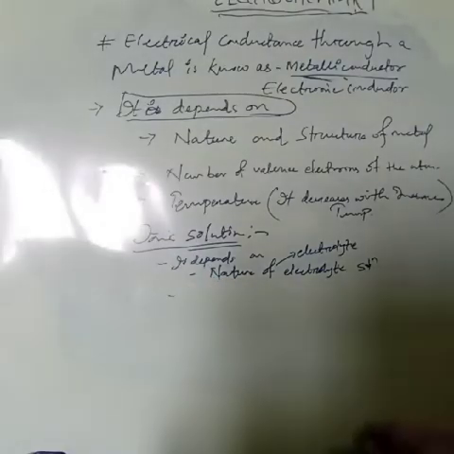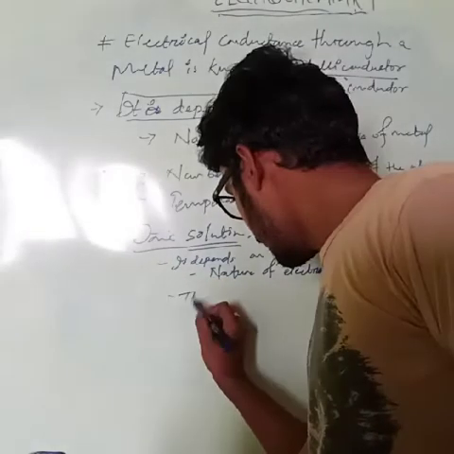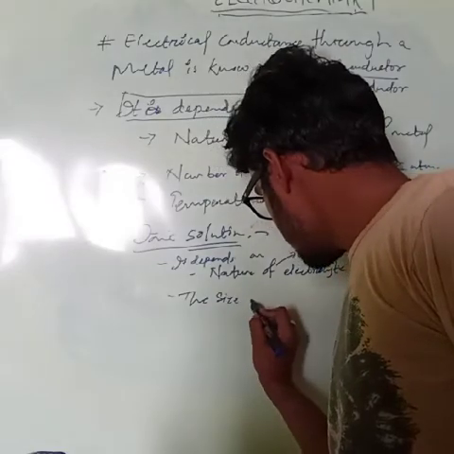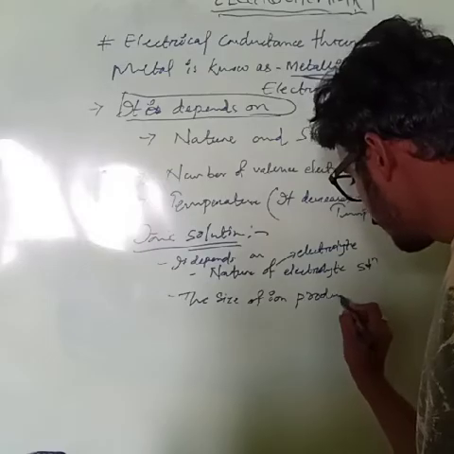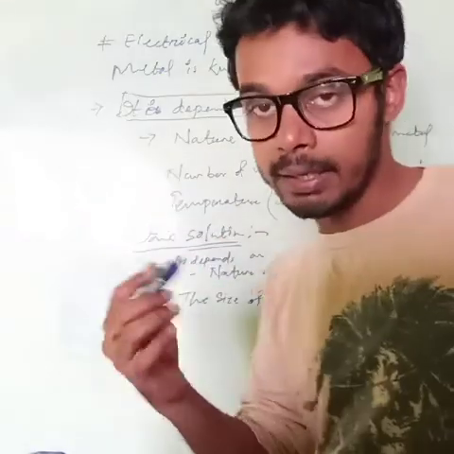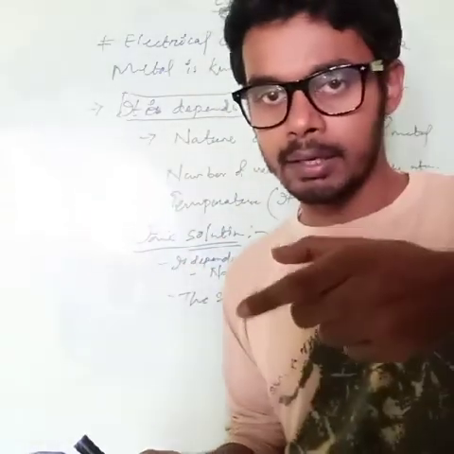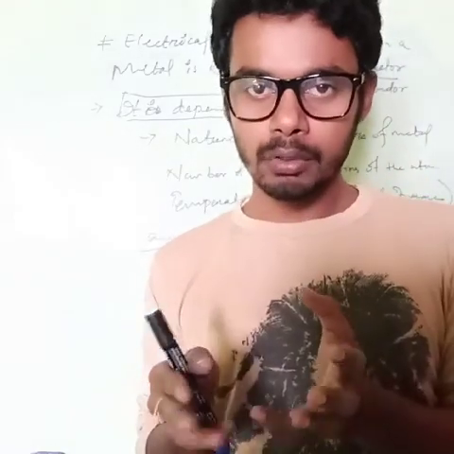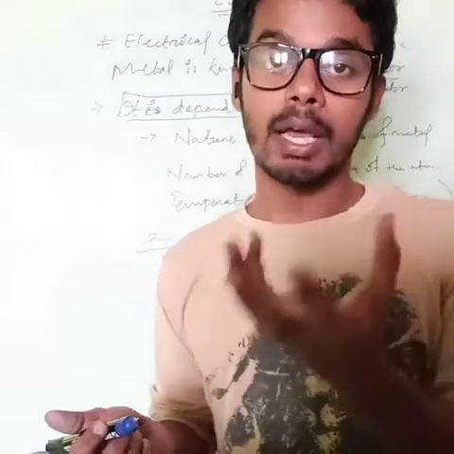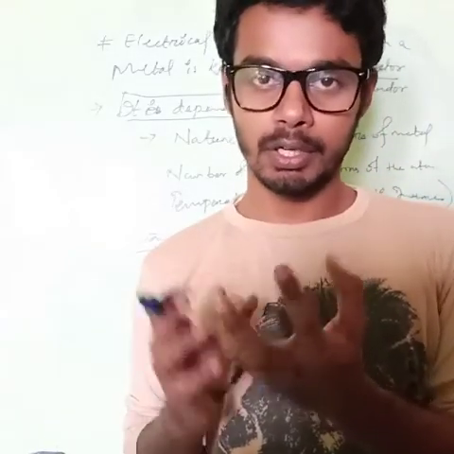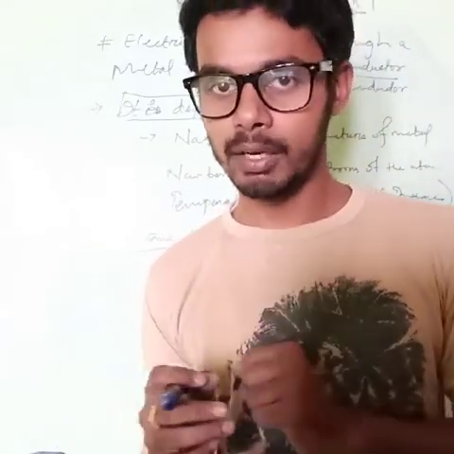What will be the second point? The size of ion produced. Suppose you have taken NaCl, and when added to the solvent molecule it will give Na plus and Cl minus. What is the size of those ions produced in the electrolytic solution? That is also a factor.